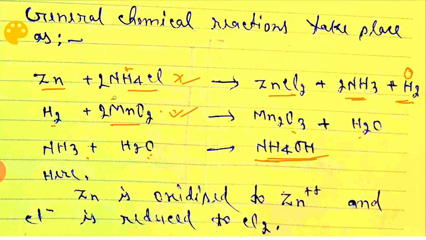Because manganese here has +4 charge and manganese oxide has +3 charge. Hydrogen has 0 charge, and here hydrogen has +1 charge. So these two reactions are redox reactions, but the last reaction is a non-redox reaction. Perhaps no doubt in it.